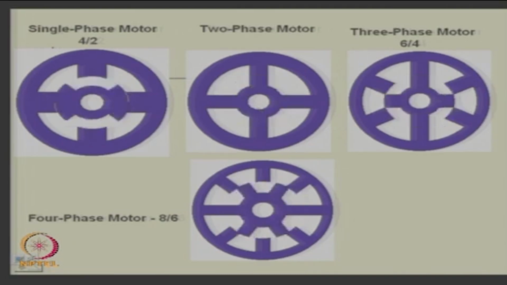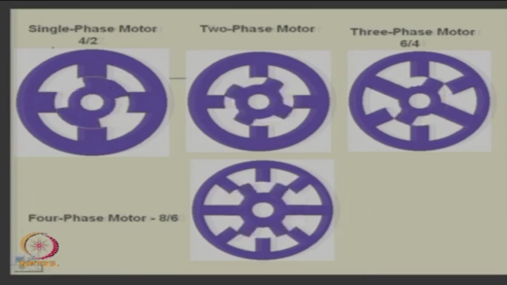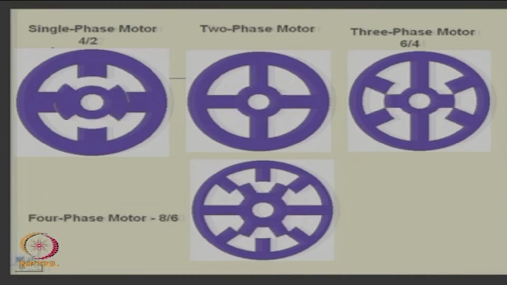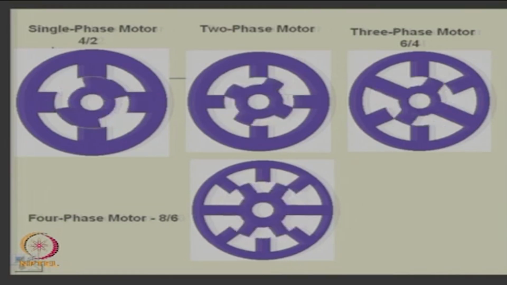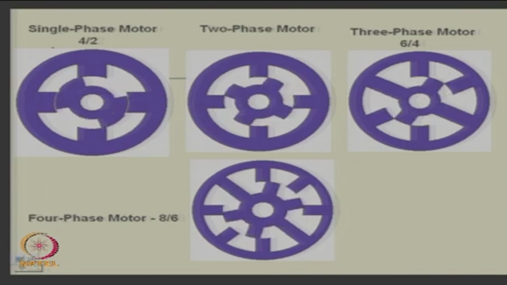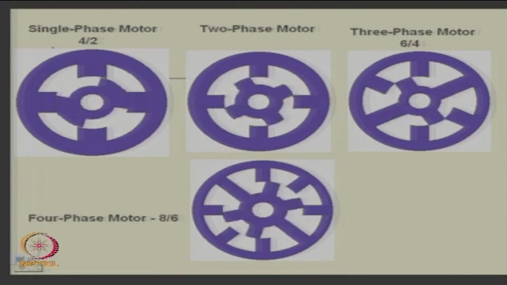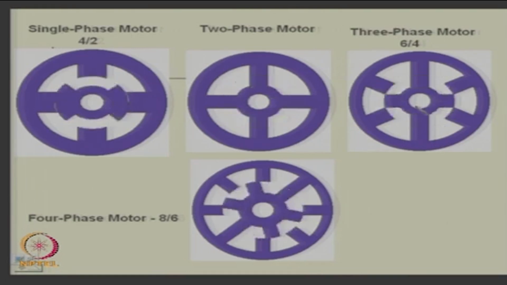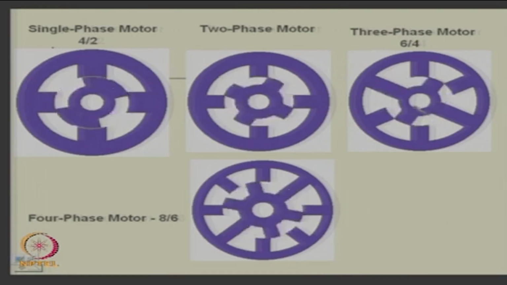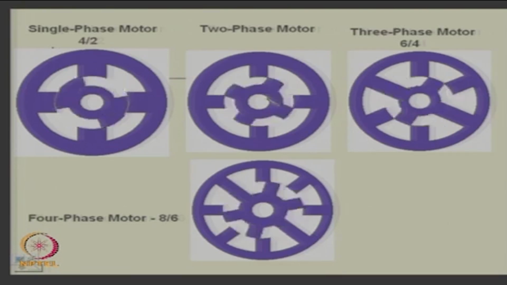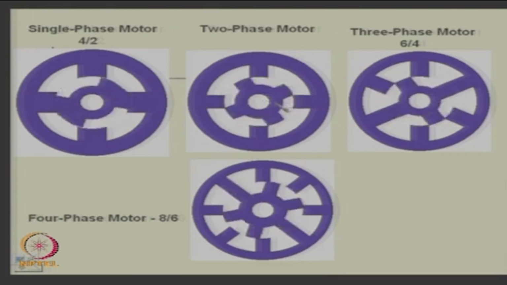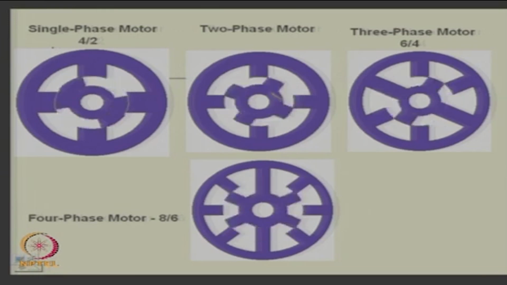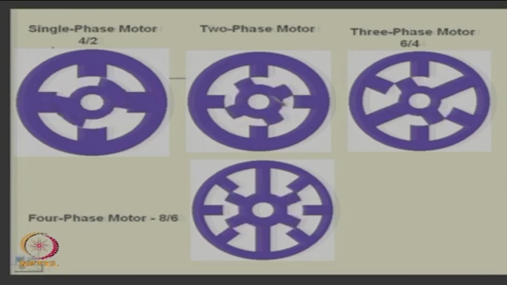Not possible. What is happening? 2 phase motor. Animation is there. This is 6 by 4. This is possible. I think there is a fallacy here. You have to pull it out when it is aligned.